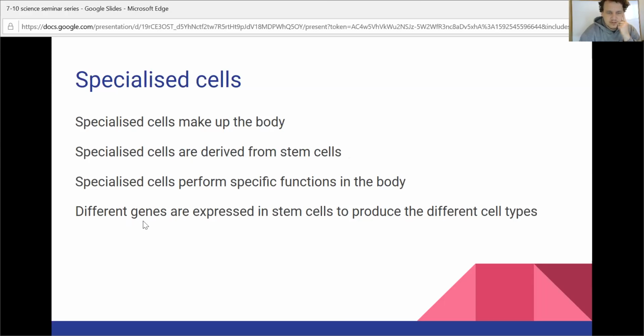So the very, very short answer to the previous question is that different genes are turned on in different cells. And we will explore that concept and how it means that we can have so many different cell types from all the same makeup.